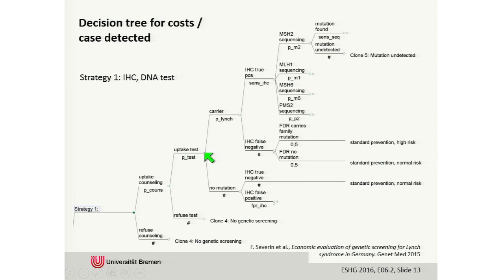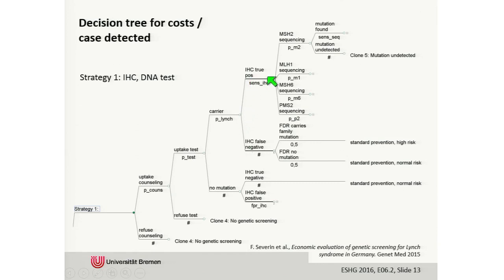And once we have done the test, it could actually be that this patient is negative, but still all the other tests are true positive, and you can come to a situation where you send first-degree relatives to a prevention program, even if there has never been a mutation there. But now let's assume the patient is a carrier, then there is still a risk that the test you have done is false negative. So you have had all those costs before, but then in the end, no one is detected among the family members because it was false negative.